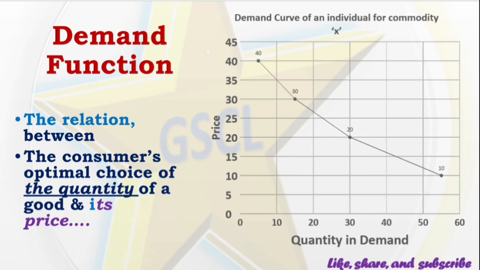This could be mathematically represented in equation form: Q is equal to a function of P. One can derive a linear equation from the given data. Q stands for the quantity demanded and P stands for price. But one has to keep in mind that it is not only the price that plays a part in the consumer's mind to demand a particular product.